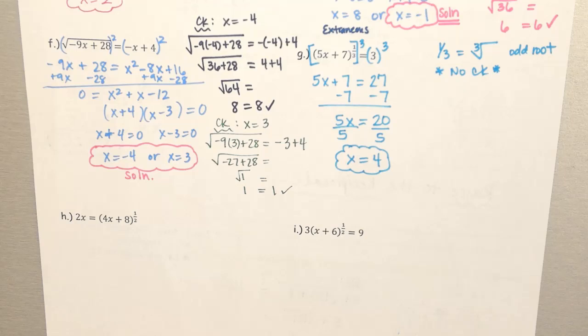Okay, so based on that, I want you guys to do your first step for H. And then think about what your goal is once you've done that first step.